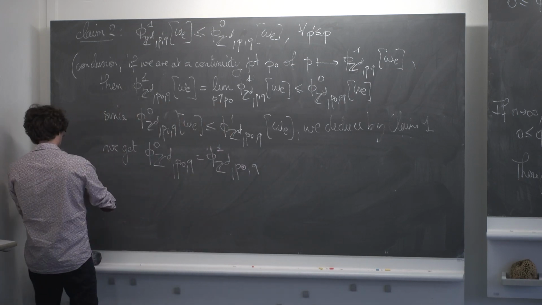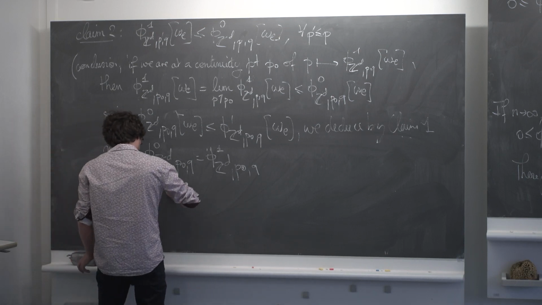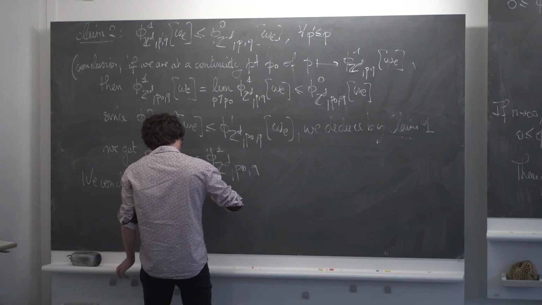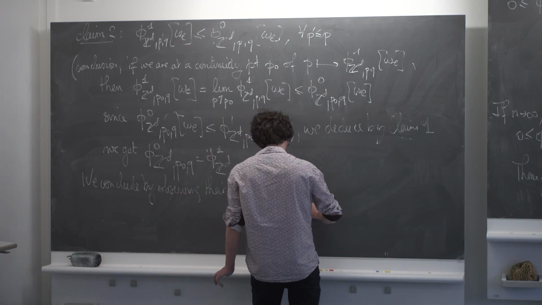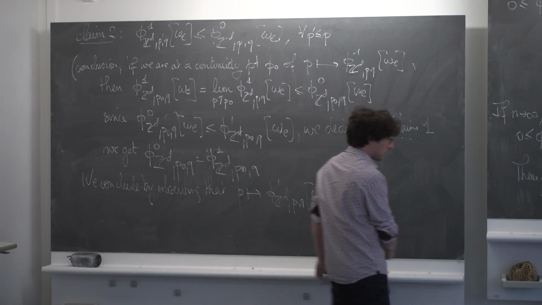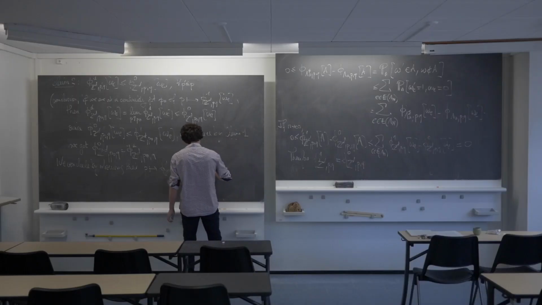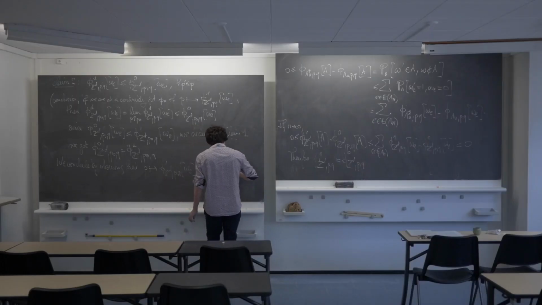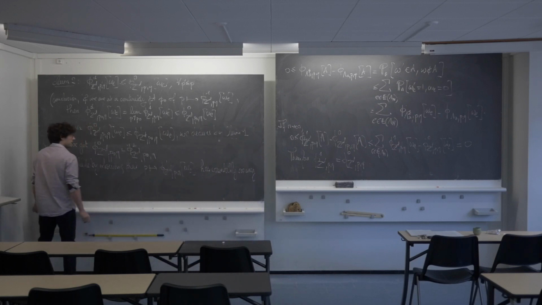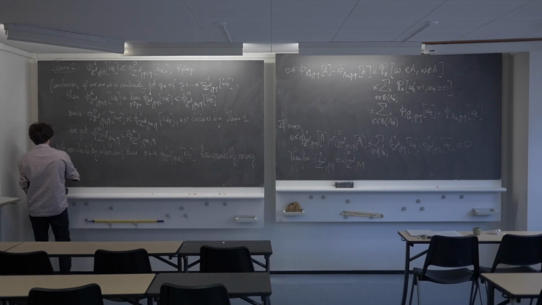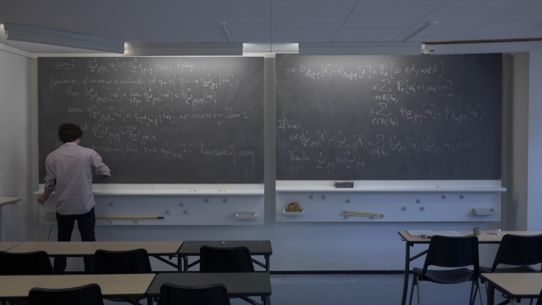So the last step is we conclude by observing that P gives phi 1 ZdPQ of omega e has countably many discontinuity points.